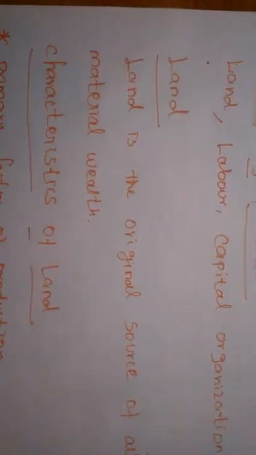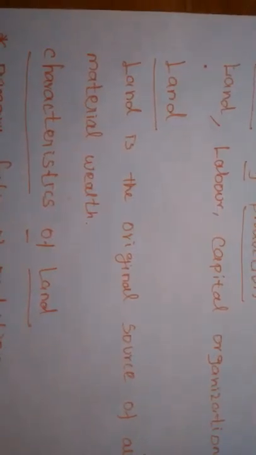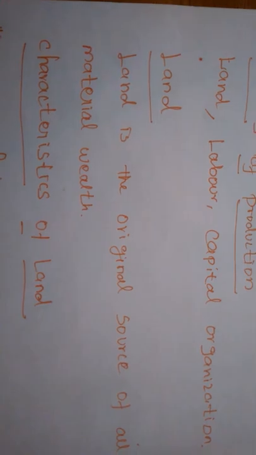The economic prosperity of a country depends on the richness of its natural resources, because the prosperity of the land is what brings the economic GDP. Now the characteristics of land.